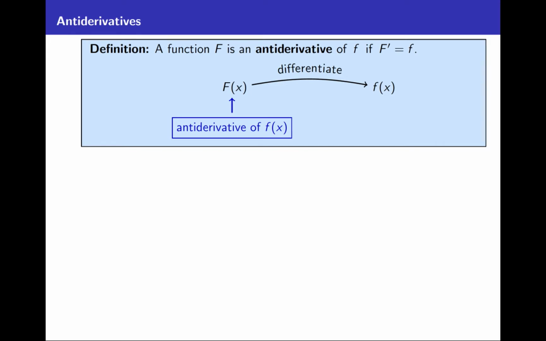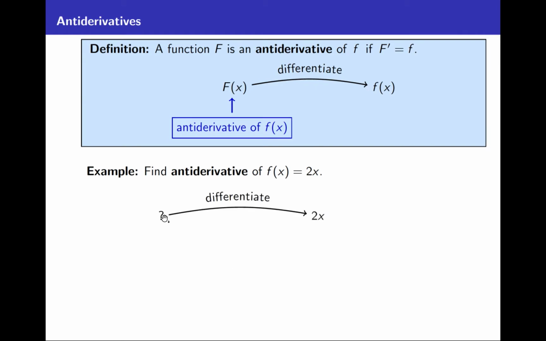Some examples, and I've got this definition repeated here. A function big F is an antiderivative of little f if big F prime of x equals little f. So if you differentiate big F and you get little f, that big F is an antiderivative of little f. As an example, let's find an antiderivative of the function little f of x equals 2 times x.